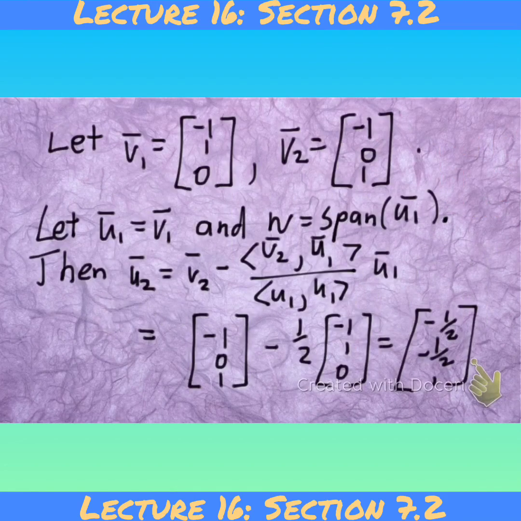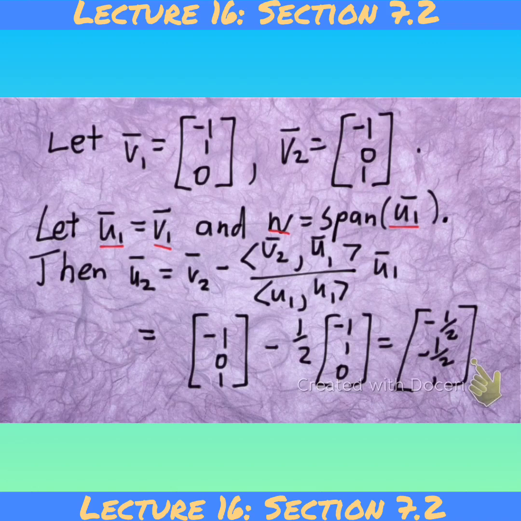Okay, so we look at this basis. We set the vector v1 as the first vector in the basis and v2 as the second vector in the basis. Then the Gram-Schmidt method says that we create a new basis. We call the first vector u1, which is v1, and we let W be the span of that first vector.